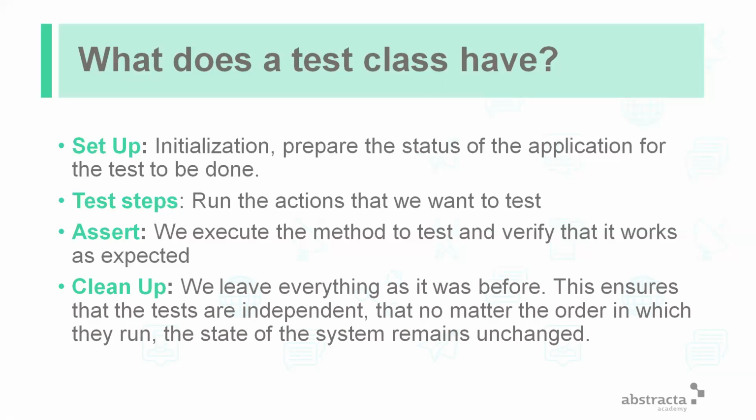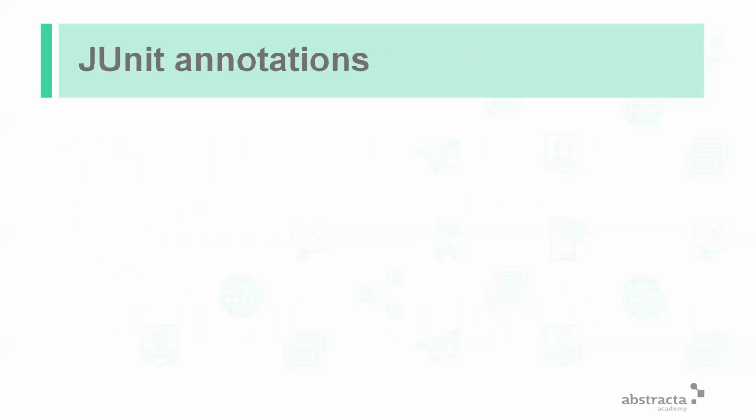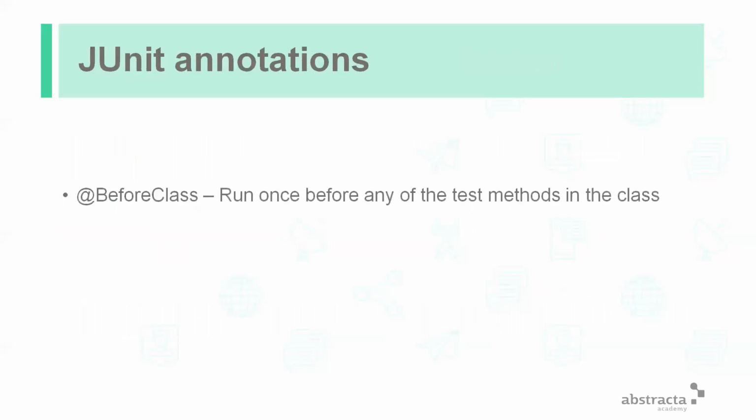JUnit uses annotations. I'm going to describe some of them. There are many, but the most important are these. The first is BeforeClass. This annotation means that the method that contains it runs once before any of the test methods in the class.